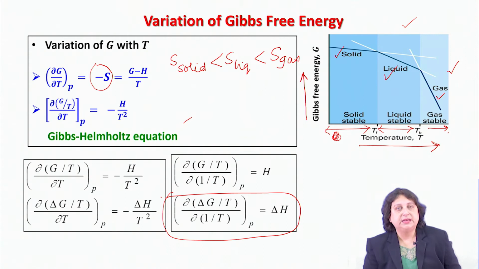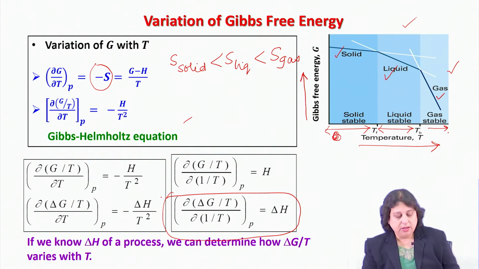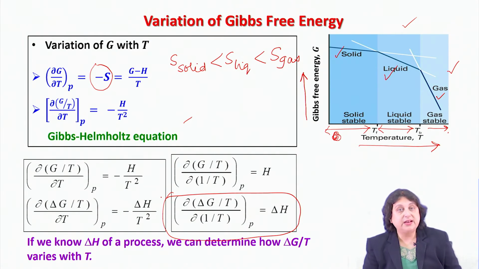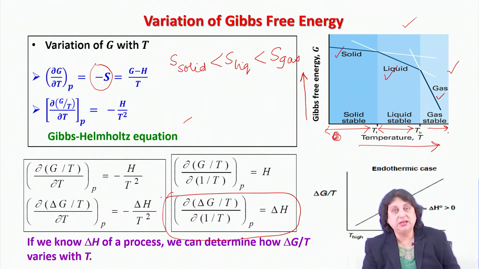This perhaps gives you the reason. If we know the delta H of a process, which we can measure very easily using a calorimeter, then we can determine how delta G by T varies with T.